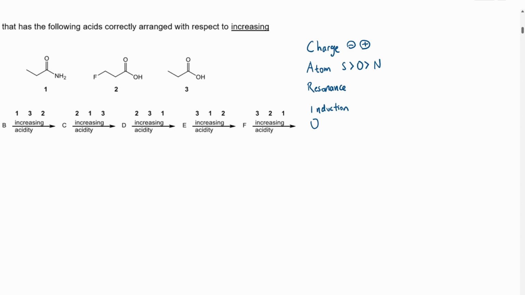And whenever there's a halogen atom, it tugs from the main group, which makes it more acidic. And there's an example on this question, so I'll get to that later. And finally, O means orbital. So sp is going to be more acidic than sp2, which is going to be more acidic than sp3.